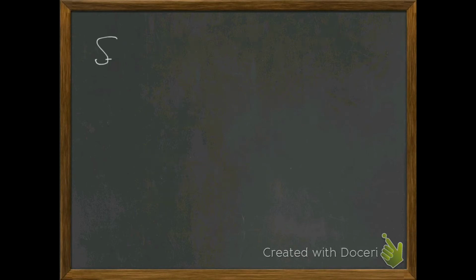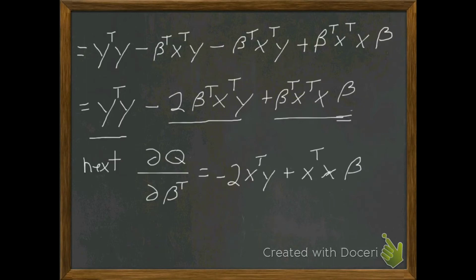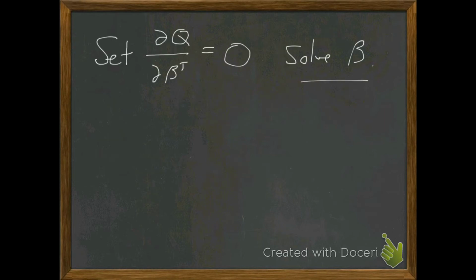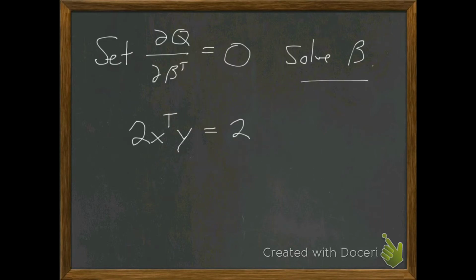Next thing we want to do, as you would have hopefully known by now, is set this equal to 0 and solve for beta. So guys, setting it equal to 0, we're going to get x transpose x beta equals x transpose y.